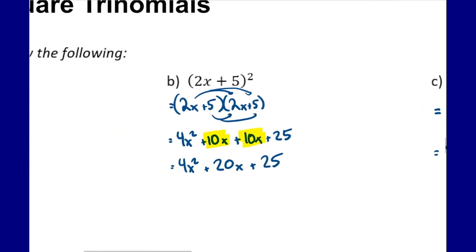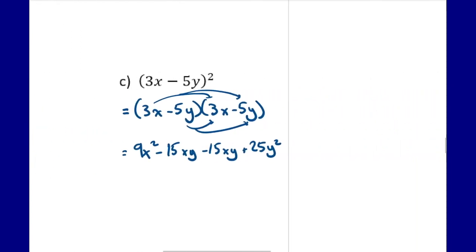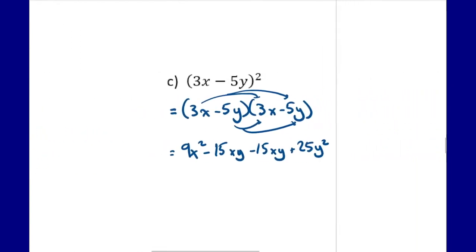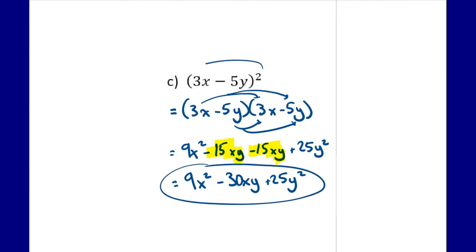Go back just to make sure. Yes, I wanted to make sure I had my signs correct on some of the other ones. Collect our like terms. The two middle terms can be added together. 9x squared minus 30xy plus 25y squared. Again, do we see a connection between these two, or between where we end up and where we started?